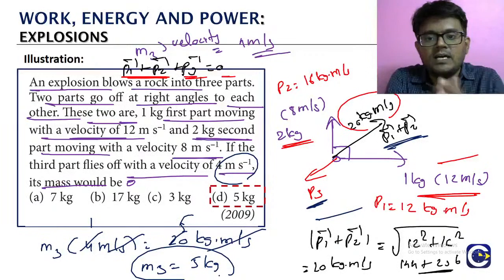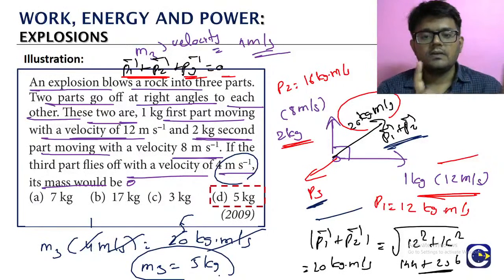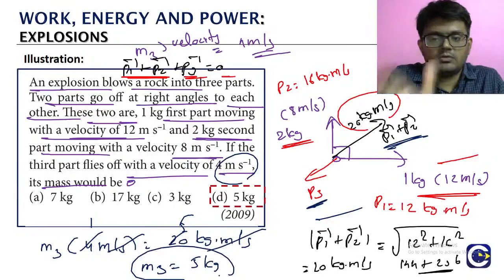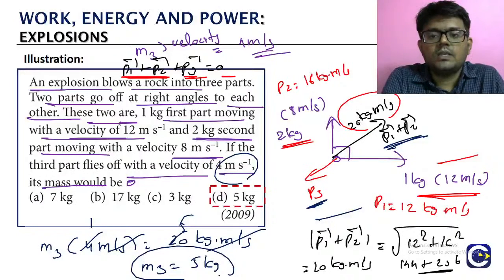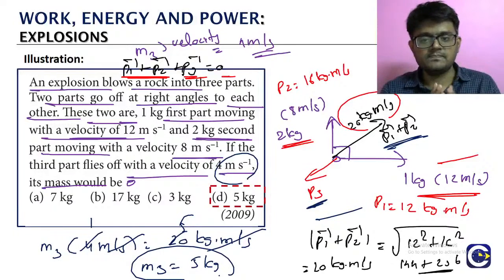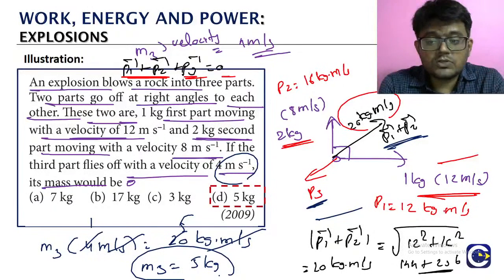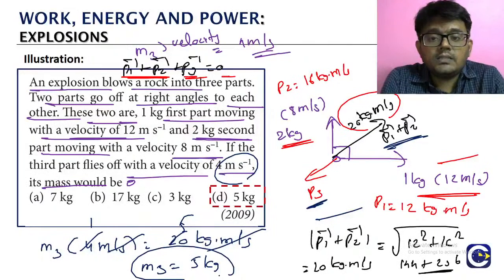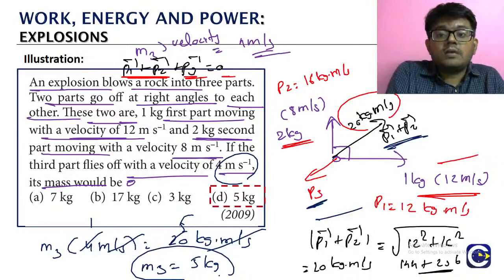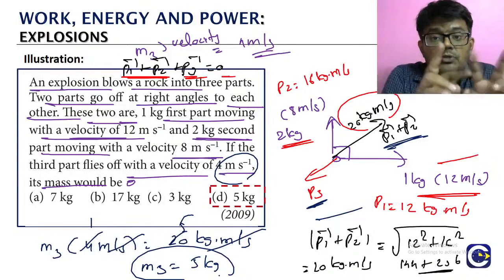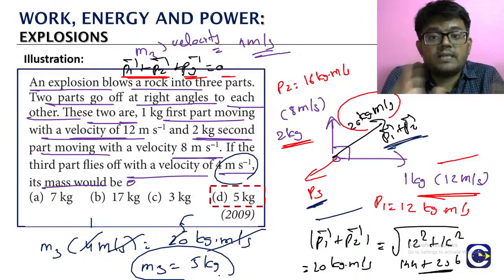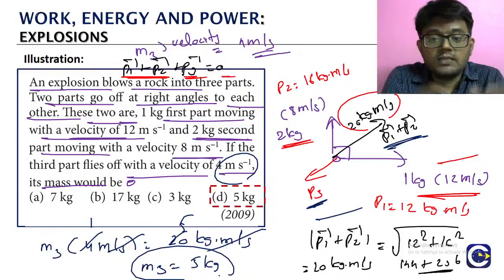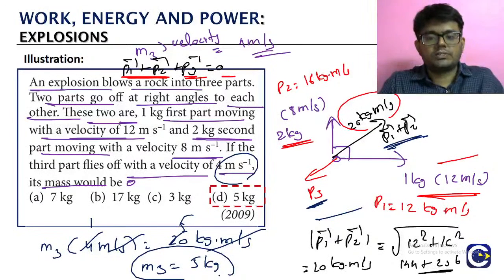Look carefully at how we approached this problem. We know the initial momentum is 0, as we are assuming the rock to be at rest. So finally, when we add the momentum of the 3 parts, it should add up to 0. We already know the momentum of 2 pieces, so their resultant is going to be exactly equal in value to P3, with the direction opposite. Only then will the 3 add up to 0. From that we equate the magnitudes.